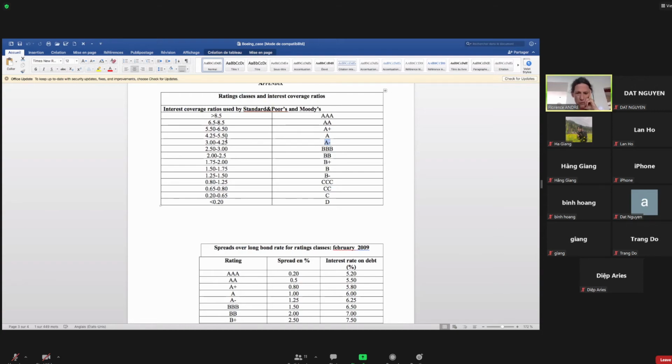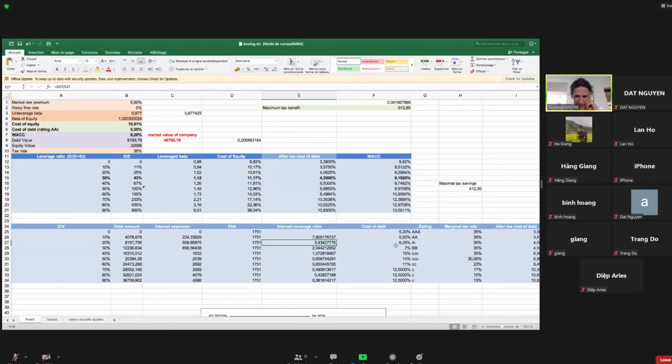So I am able to be A minus. And I go on like this for the other levels of debt. Then I obtain RD, the cost of the debt, with the rating.